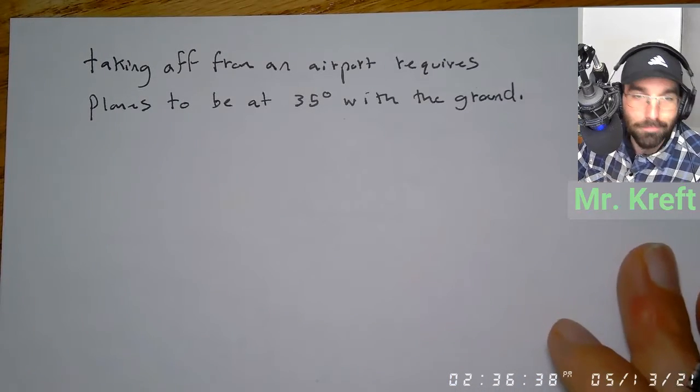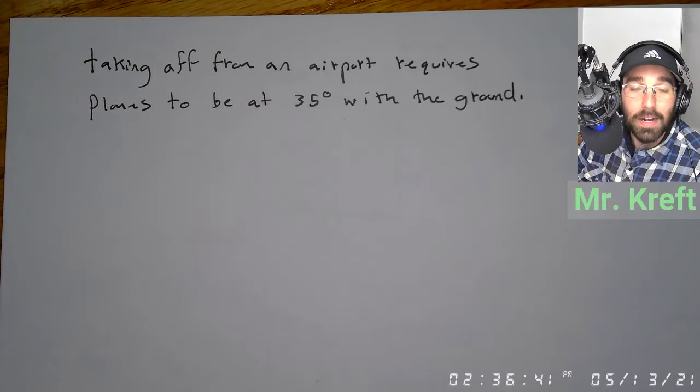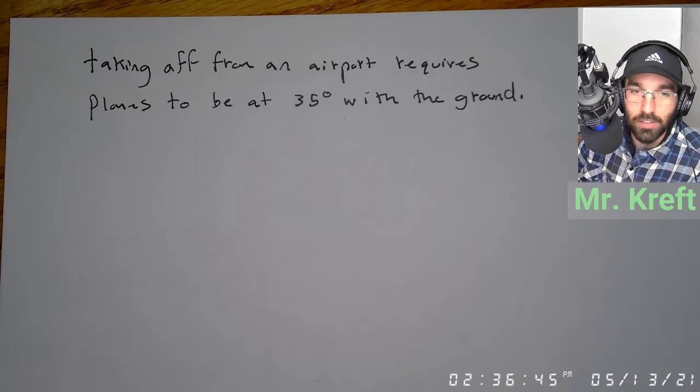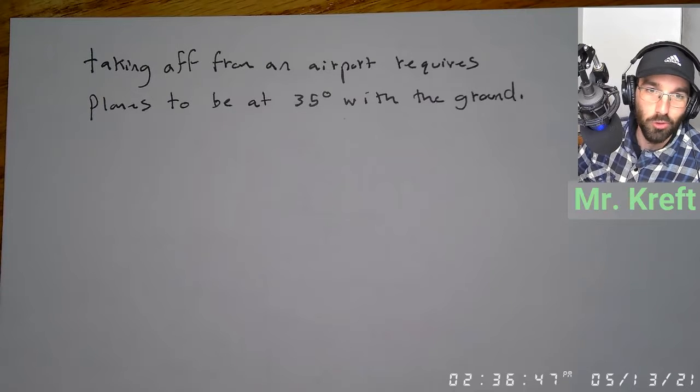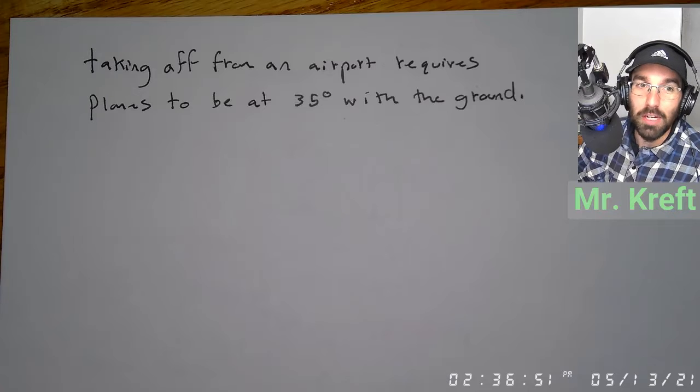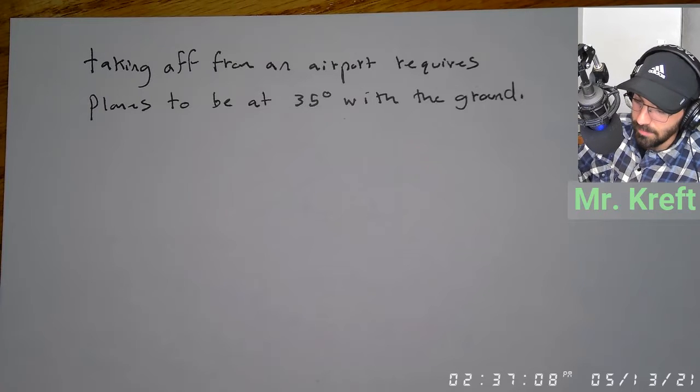Now, I totally made up that number. Just want to be super clear. But different planes require different takeoff angles, right? Very small planes can almost just go straight up, okay? But bigger planes can't go just straight up. They're going to go at an angle. So let's just say we're going to build an airport that allows planes to go at 35-degree angles with the ground. Here I am critiquing my own word problem. That would have been a much better question, okay?